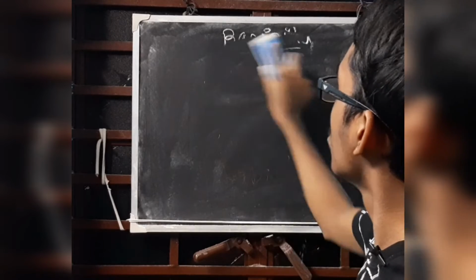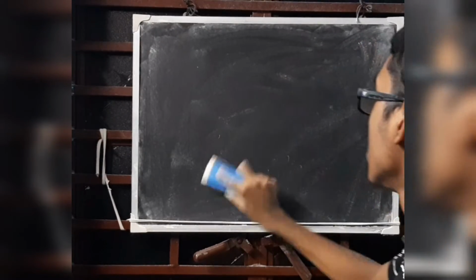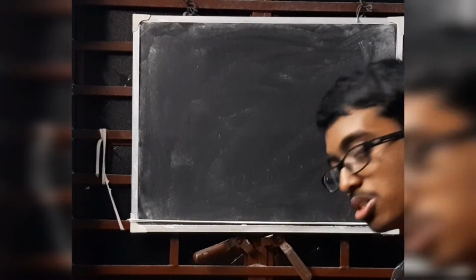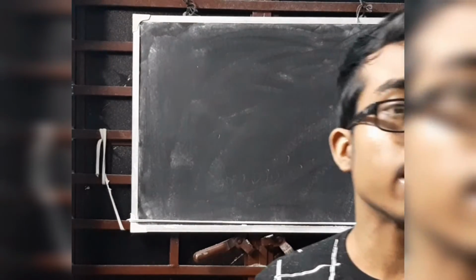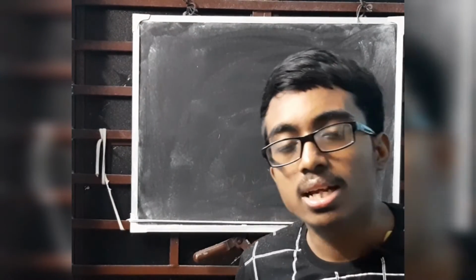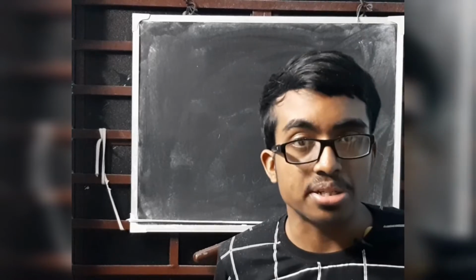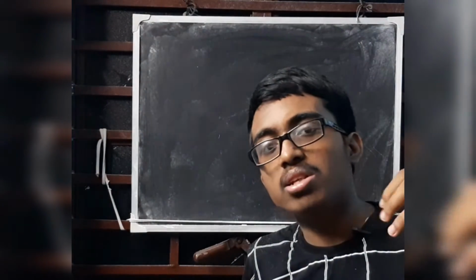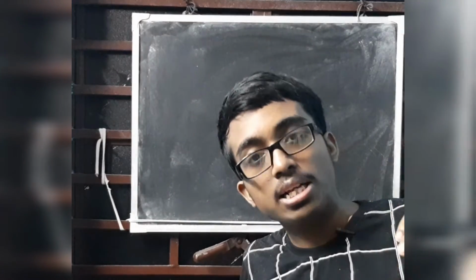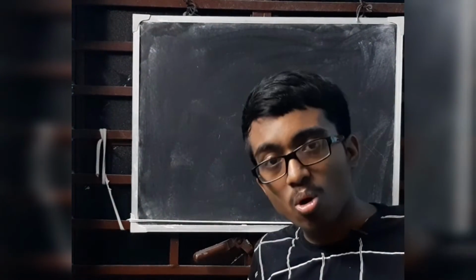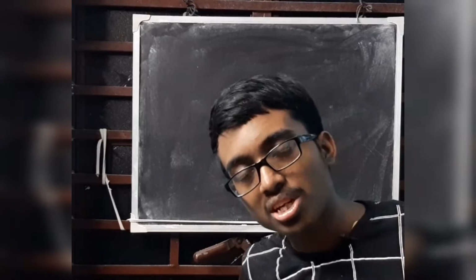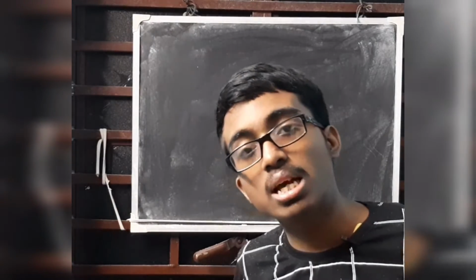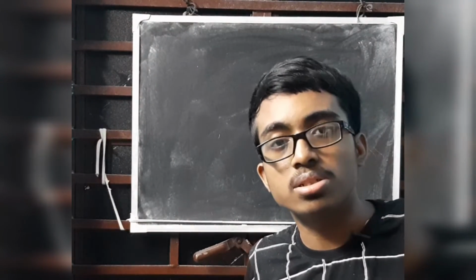Now let us move on to the next part, reactions of acids and preparation of acids. Let me first tell you about concentration. Concentration means how much acid is present in water. If acid is present in water more, then it is a concentrated acid. Vice versa is dilute, that is, water is more than acid.